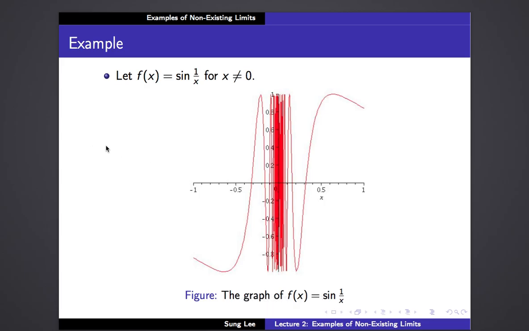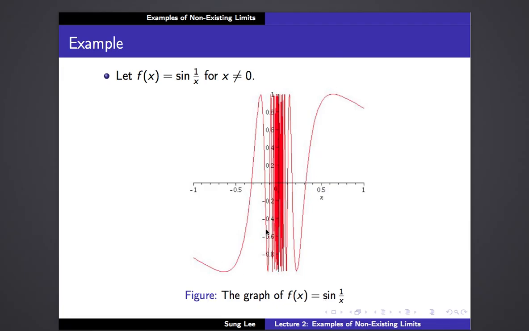So let us take a look at the following example. Here our function is defined by sine 1 over x for obviously x not equal to 0. What you are looking at in the following figure is the graph of this function f of x equals sine 1 over x.